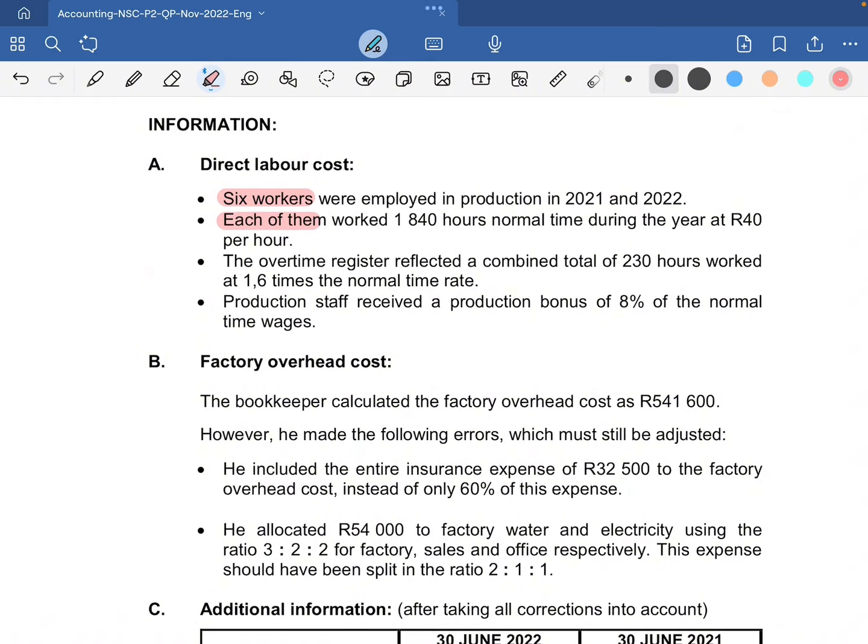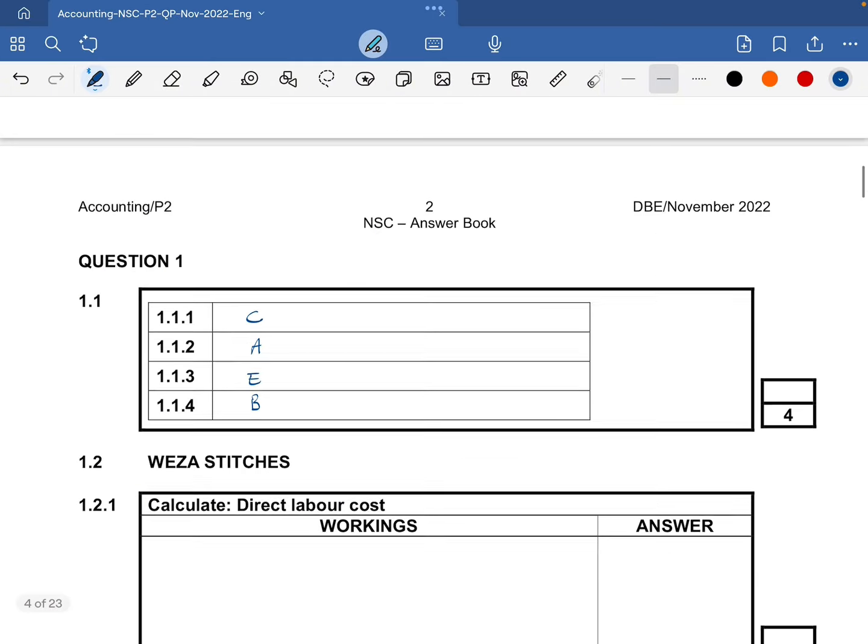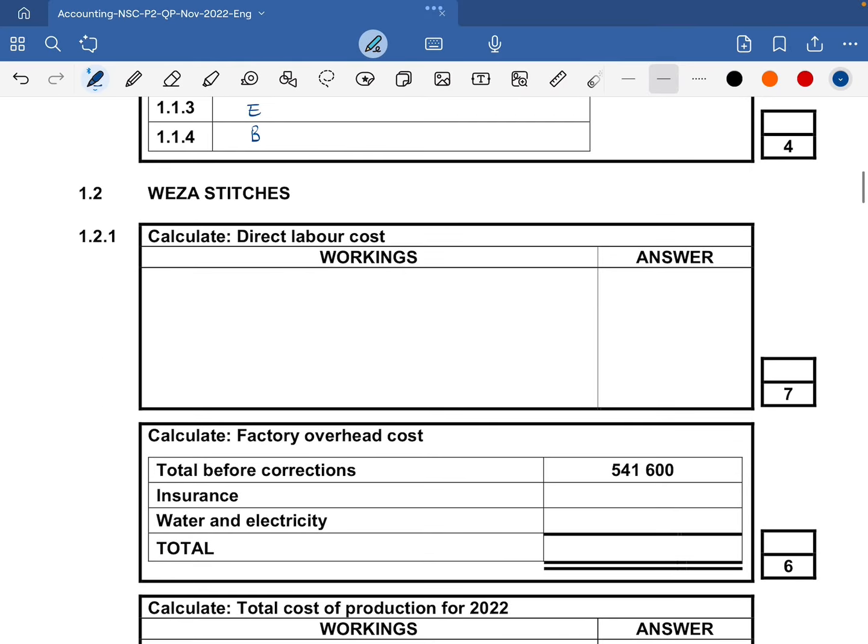Now each of them, that is very important, each of them worked 1,840 hours normal time during the year at 40 rands per hour. So they are paid 40 rands for each and every hour that they work, and let's remember that there's 6 of them. So the first thing that we'll calculate is the normal wages paid.